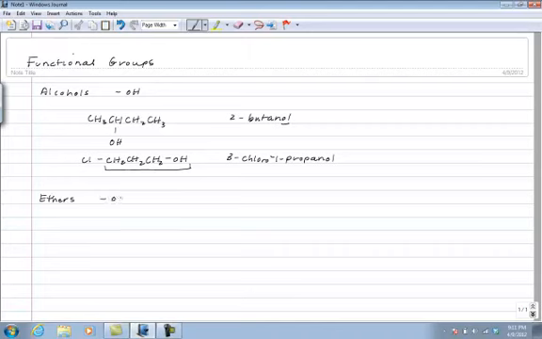Well, something like that, oxygen bonded to carbon. So we have example CH3OCH3. This would be called dimethyl ether. And just like alcohol ends in OL, ethers end in ether.